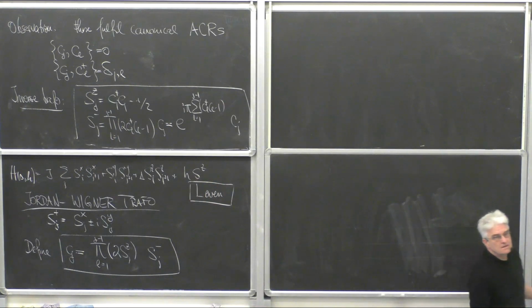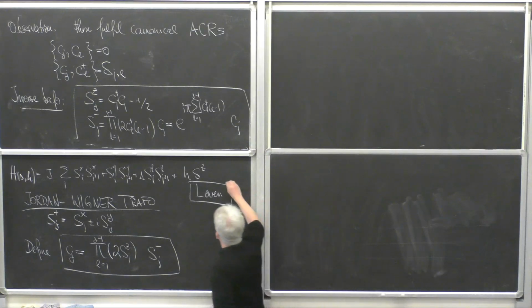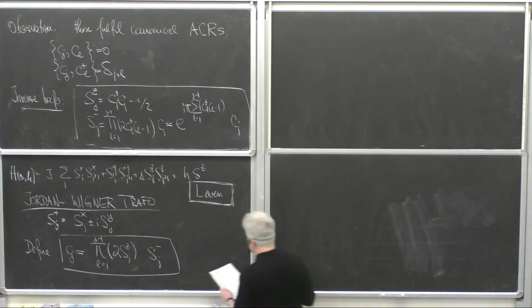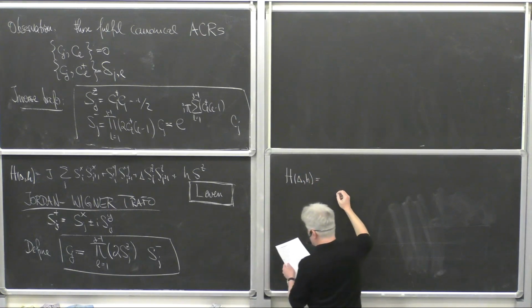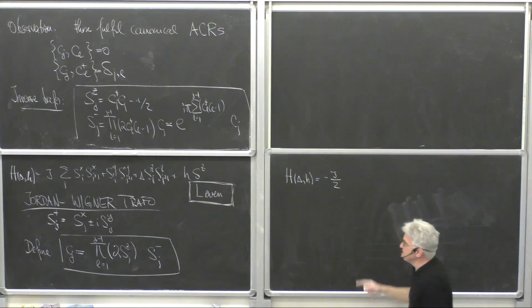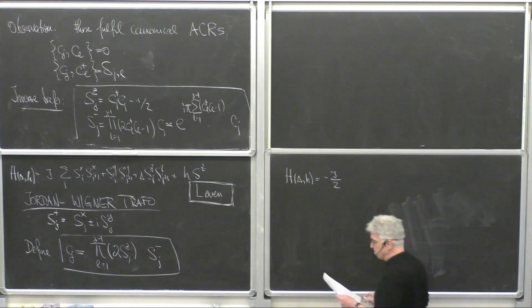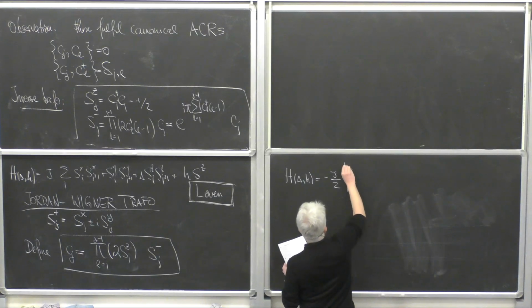For L odd, some weird and kind of not entirely uninteresting things happen, but life is short. So we will focus on even length of the lattice. Now we apply this Jordan-Wigner transformation, and that gives us an expression of the Hamiltonian in terms of the spinless fermions, and it takes the following form.